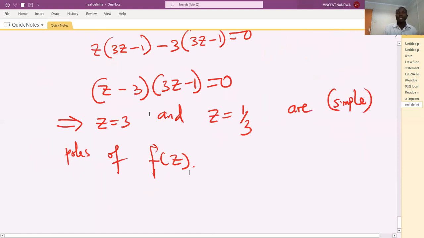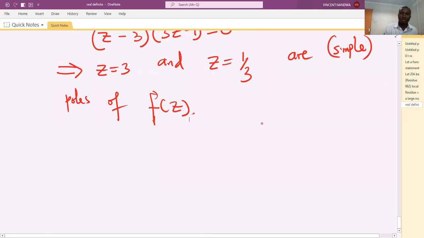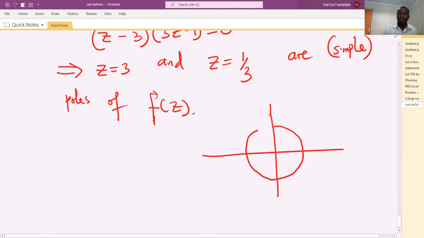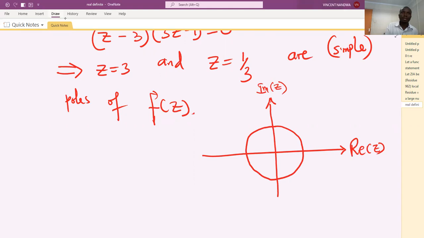So remember, this integration is carried within a circle of radius 1 unit. So if you draw the unit circle, so this is the imaginary axis, this is the real axis.